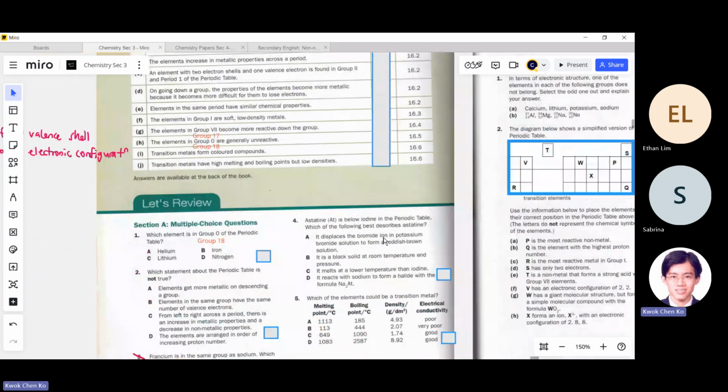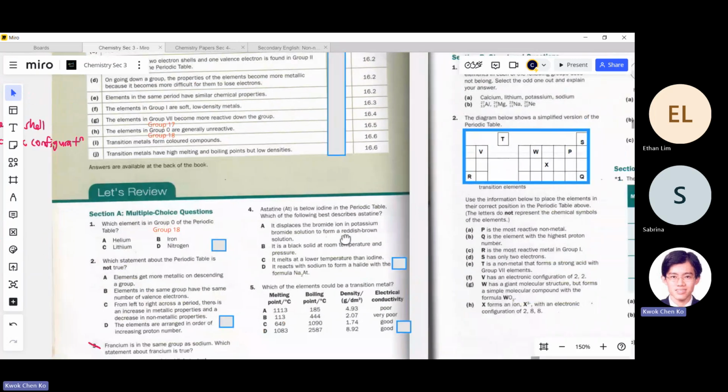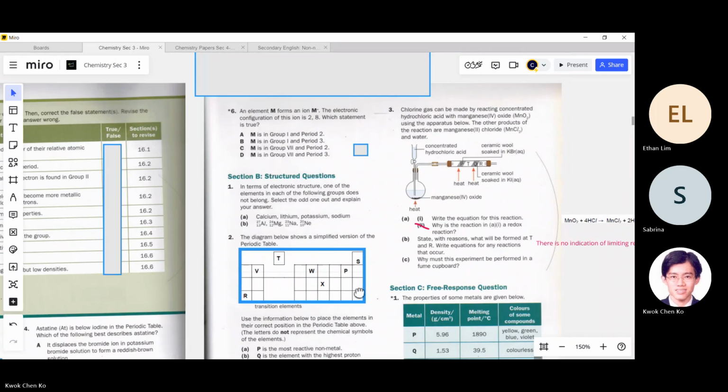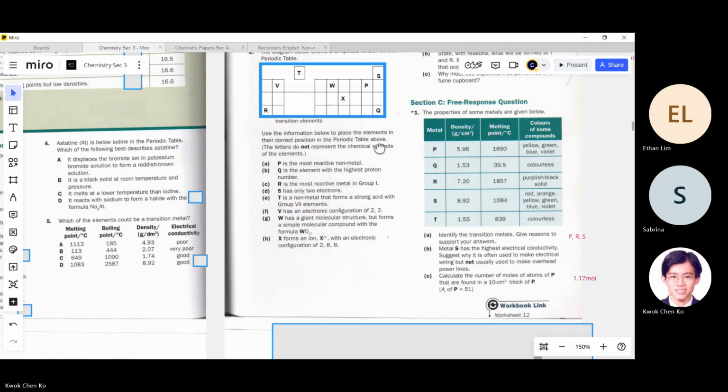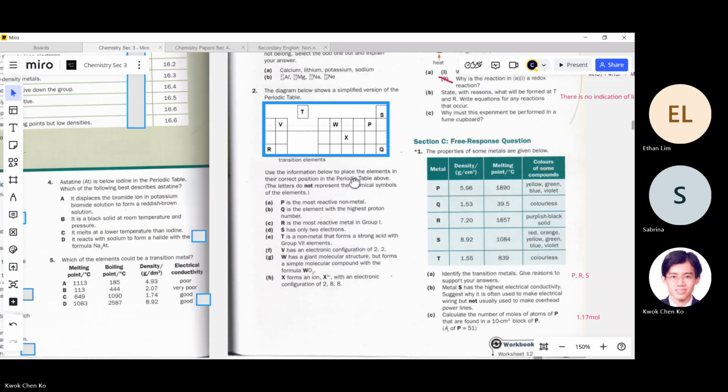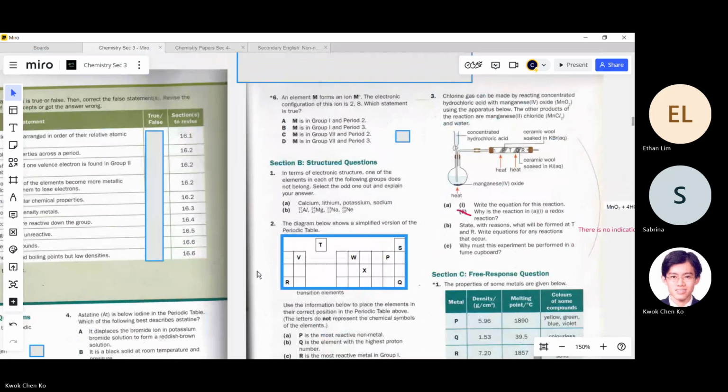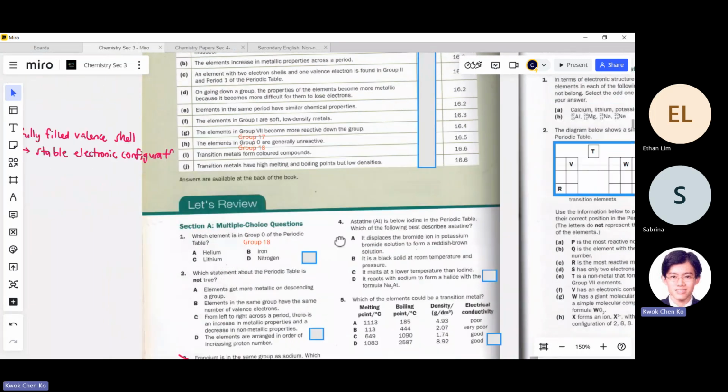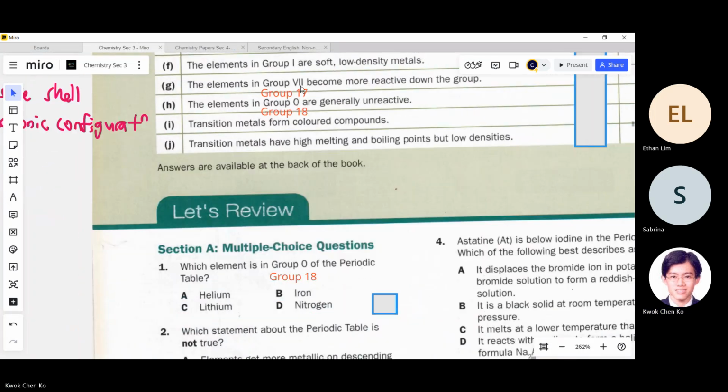I think there are a few more, but let me see if I can find them. Okay, never mind. Just take note of this one first. This is group 17. Group 0 is group 18 now. Okay, likewise for MCQ number 1, group 0 is group 18.